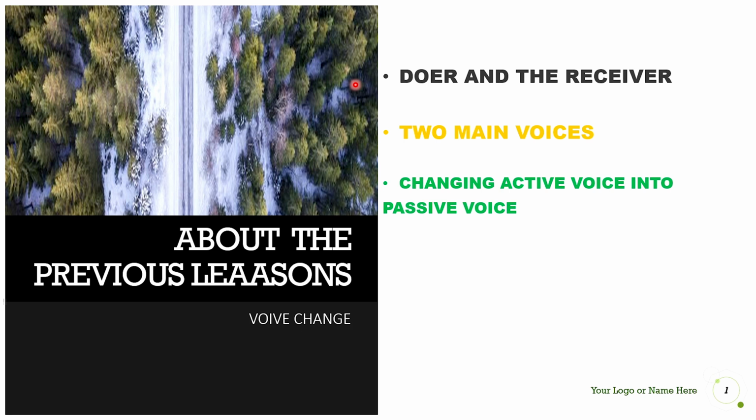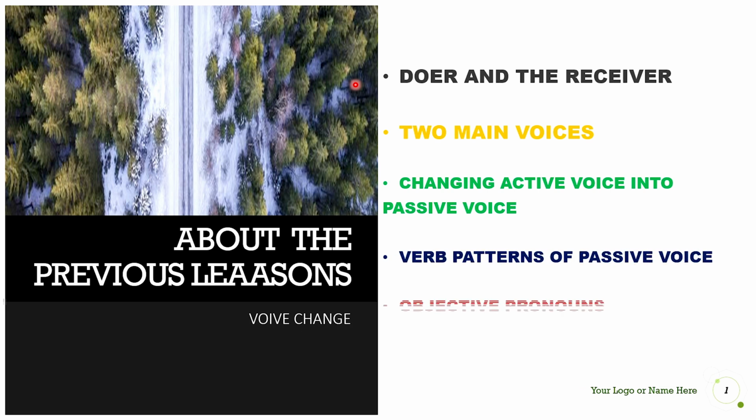I also mentioned the verb patterns of passive voice, using objective pronouns and dropping the agent. These are the basic things to remember for changing active voice into passive voice. You can apply them to construct passive voice.